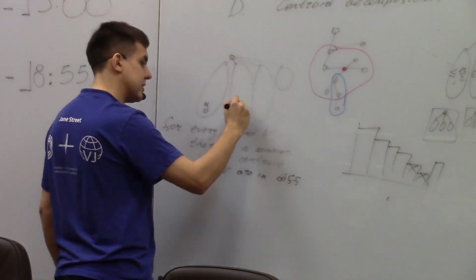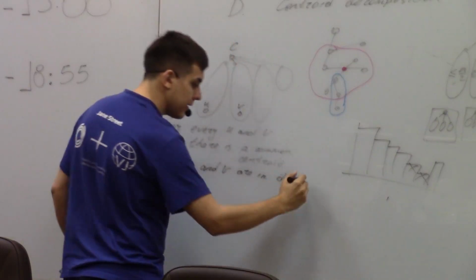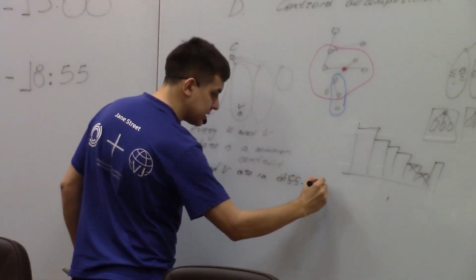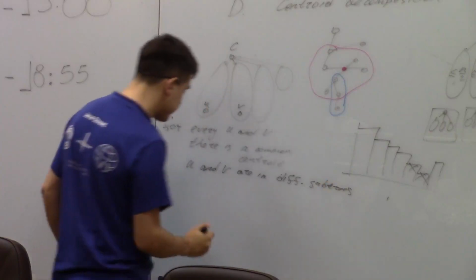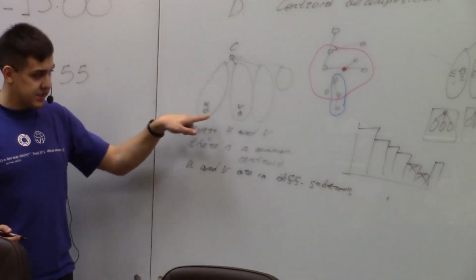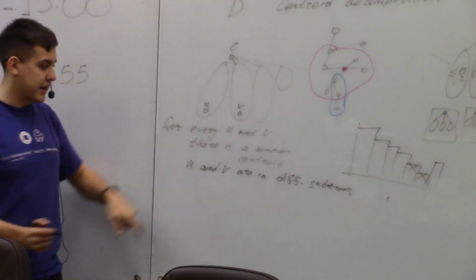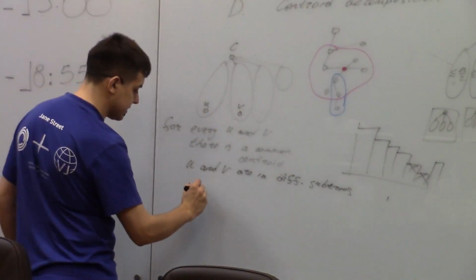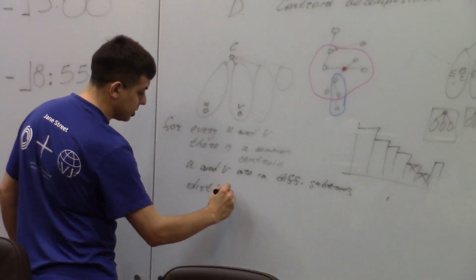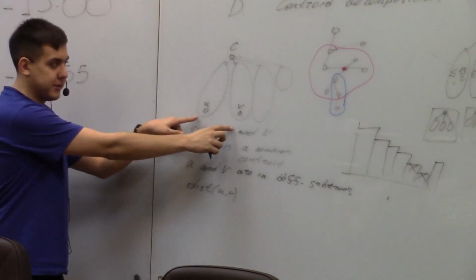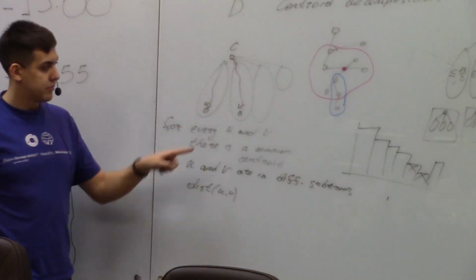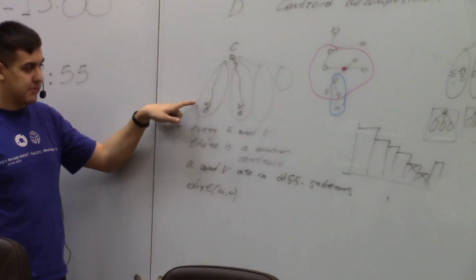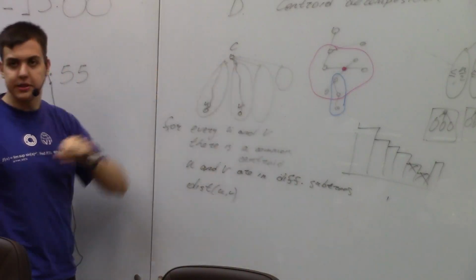So if this is U, this is V, and this is C, they are in different subtrees. The distance between those two vertices can be calculated. If these are in different subtrees, then the distance from U to V is the same as the distance from U to C, then from C to V.